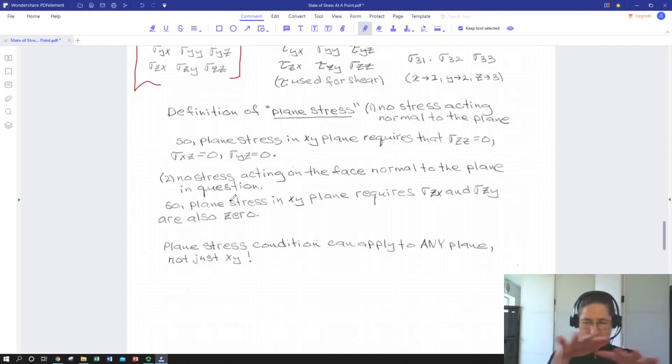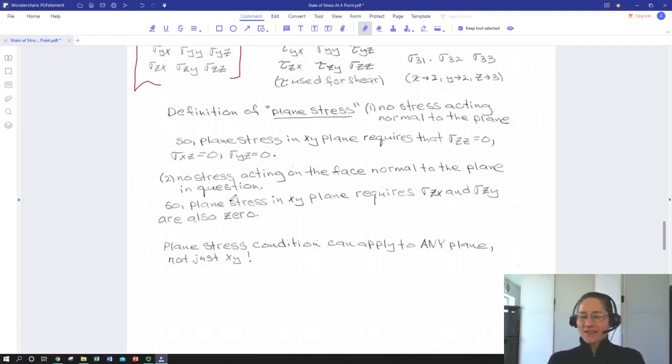So if we have the xy plane, there's no sigma zz, there's no shear stress on the x face heading in the z direction, and there's no shear stress on the y face heading in the z direction. Nothing's pointing in the z direction. Furthermore, there are no shear stresses on the z face. Nothing's happening on the z face. It's free, completely unstressed.